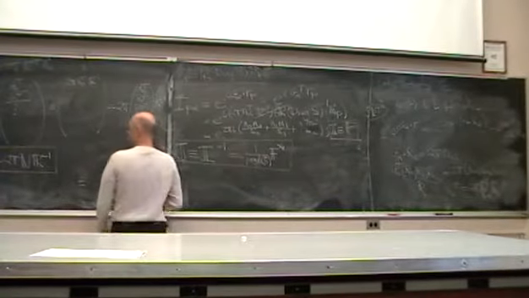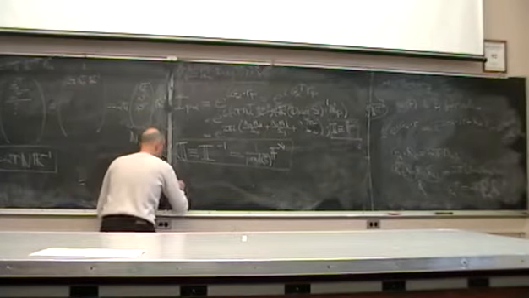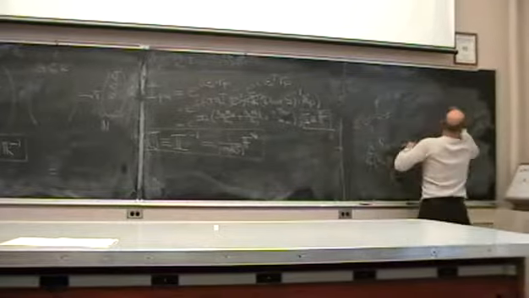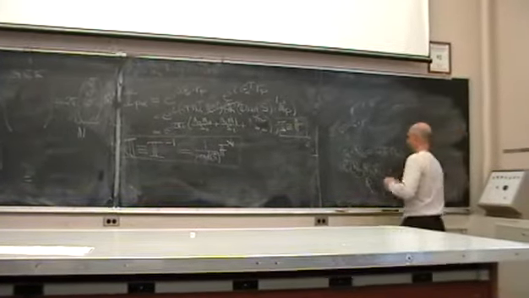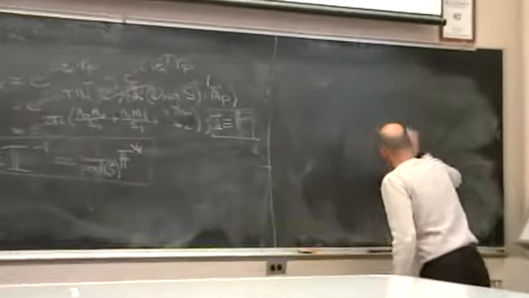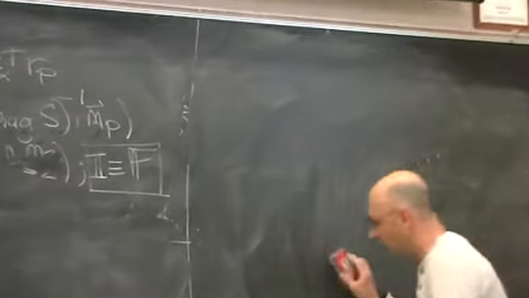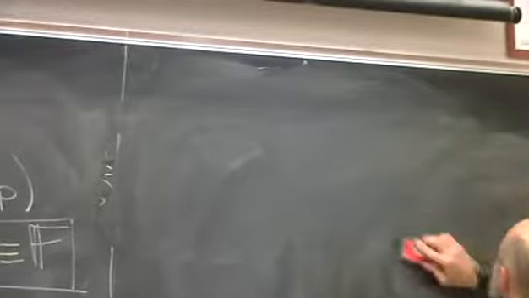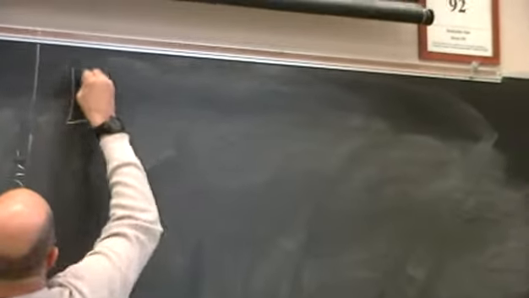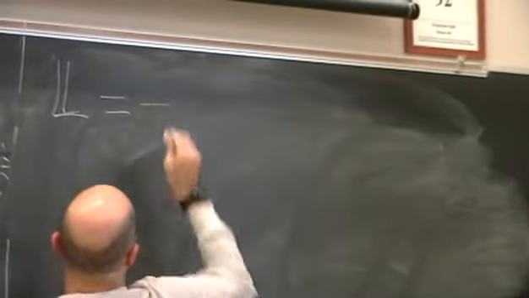So L, I'm a little annoyed I lost L. Let's start right. I remember L. L was just a diagonal matrix. It's basically just G squared, right? Like it is in Fourier space. So L had a minus sign.